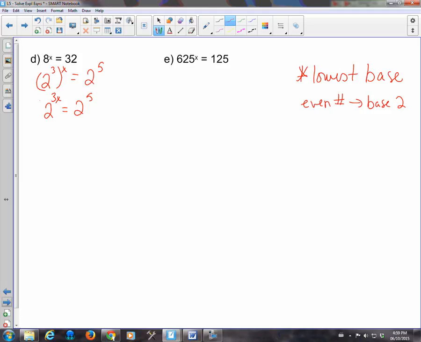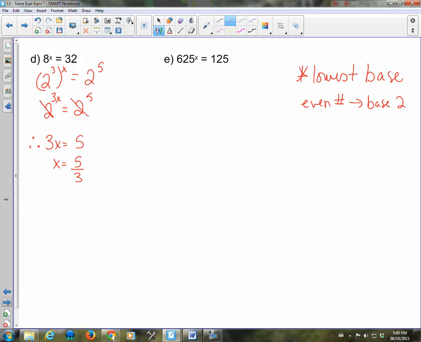Once we've got the same base, we can drop our bases, and we'll set our exponents equal to each other. And then I want to solve for x. So instead of multiplying by 3, I bring it over and divide by 3. And I can leave it as a fraction in lowest terms.